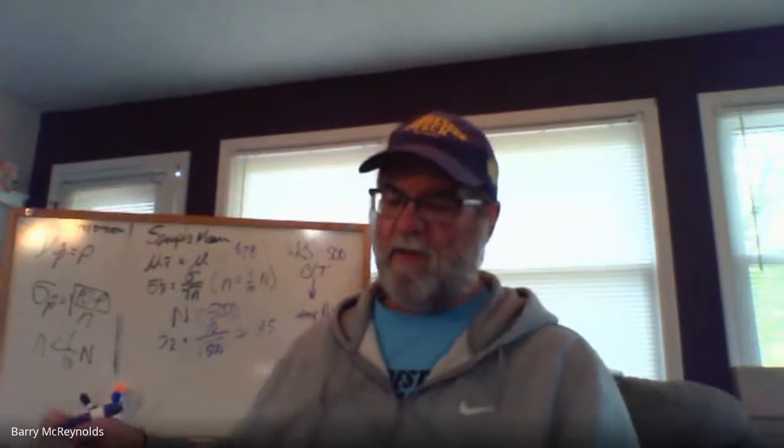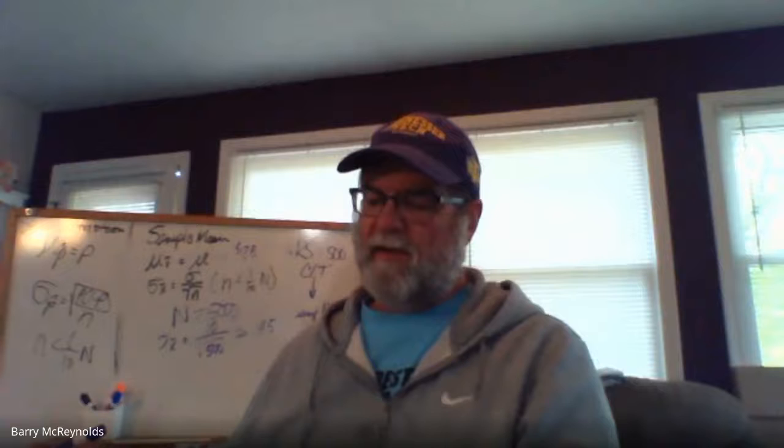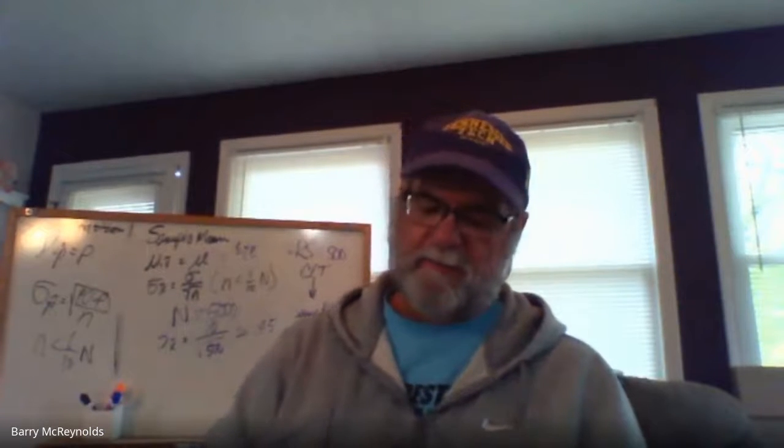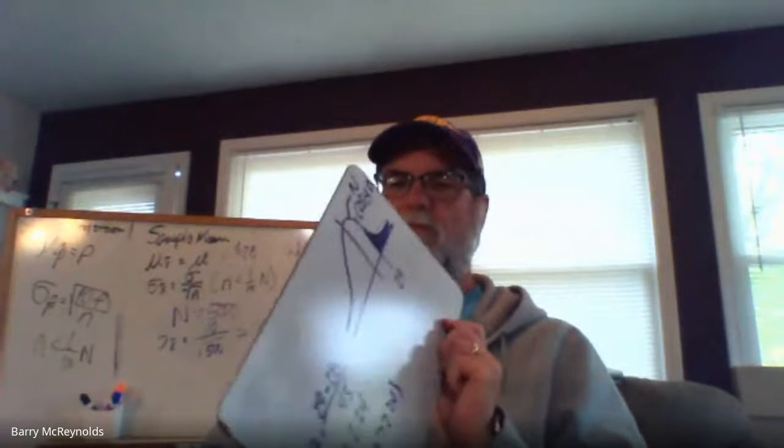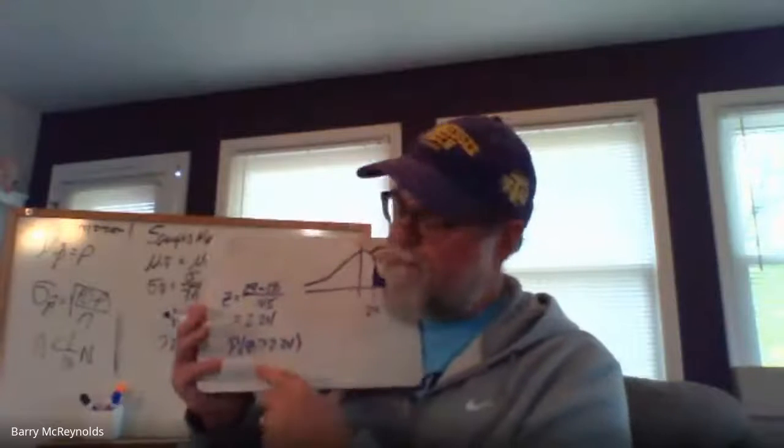If we do that calculation, we can come up with a value of, I believe, 2.24. So now what we're looking for is the probability that z is greater than 2.24, that's the probability we're looking for right here.